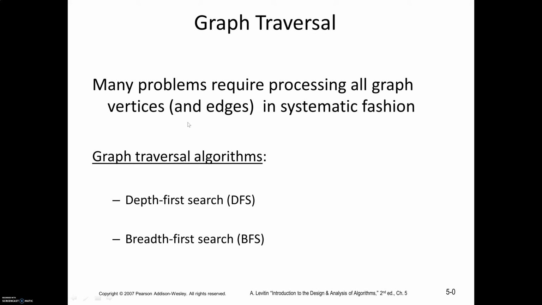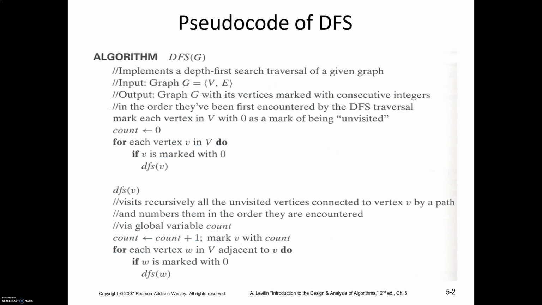So let me explain again what the DFS algorithm is. Initialize all the vertices to 0, which indicates that all vertices are not visited. Mark each vertex in V with 0 as a mark of being unvisited.